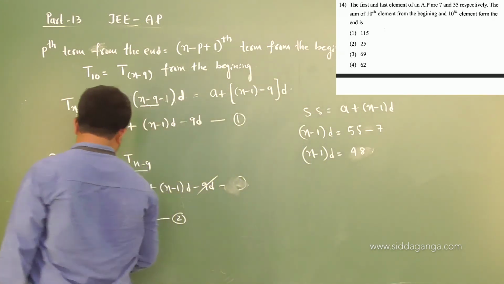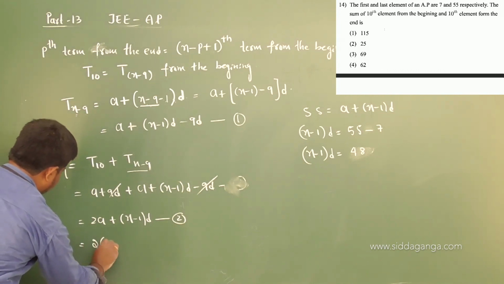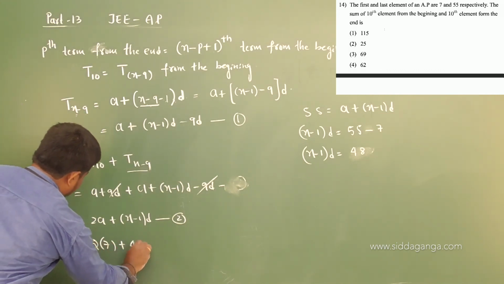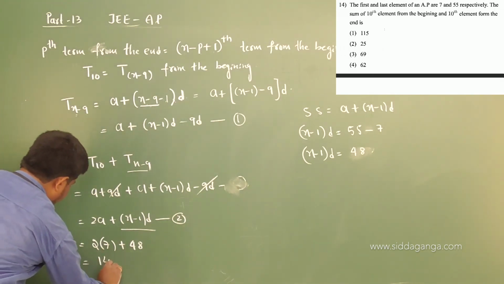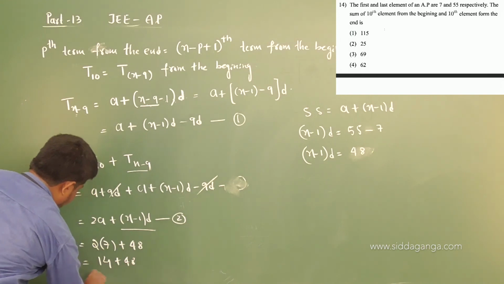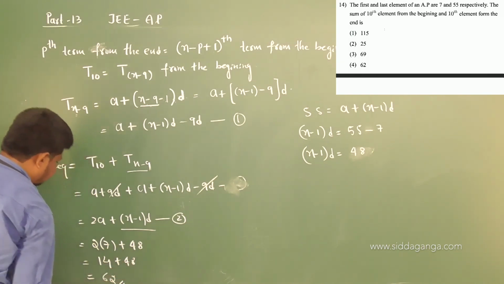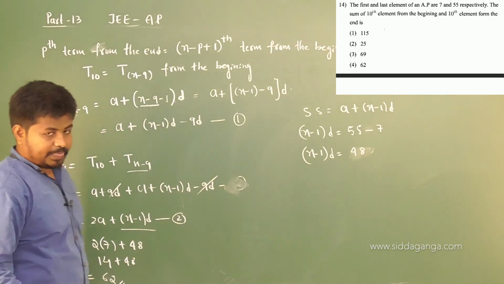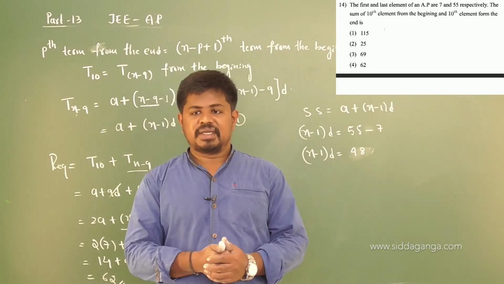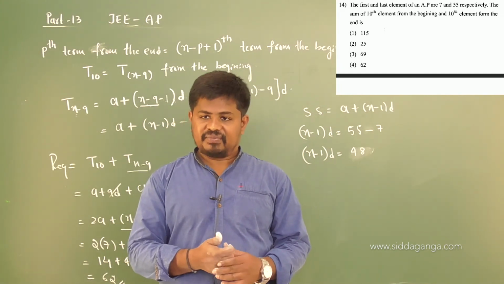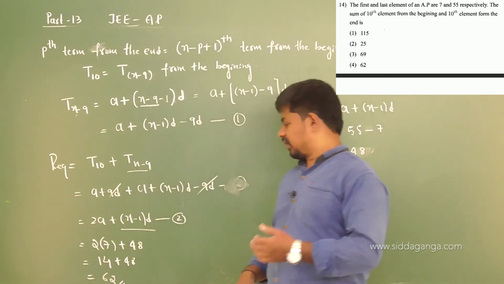Let me substitute this. You get 2 into 7, a is 7, plus 48, since n minus 1 into d is 48, right? So you get 2 sevens are 14 plus 48, I think 62. So 62 is the sum of the 10th element from the beginning and the 10th element from the end, that is equal to 62.